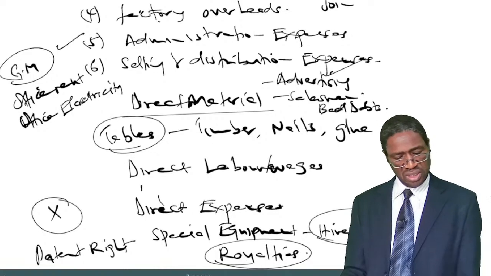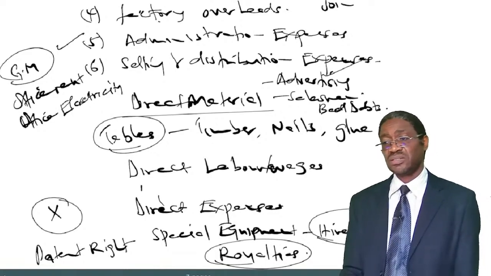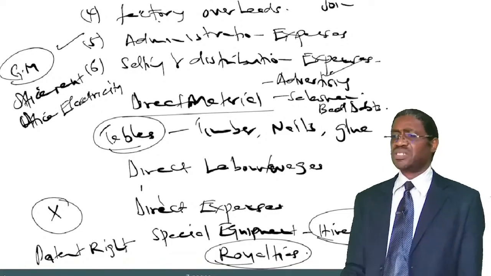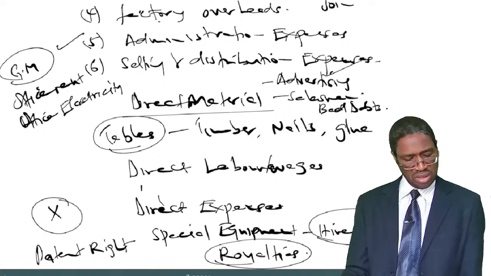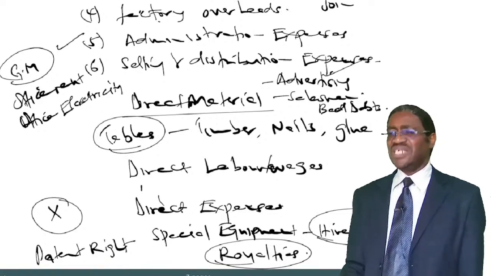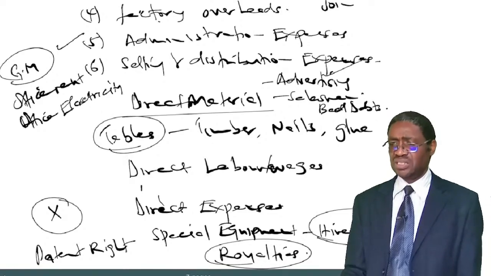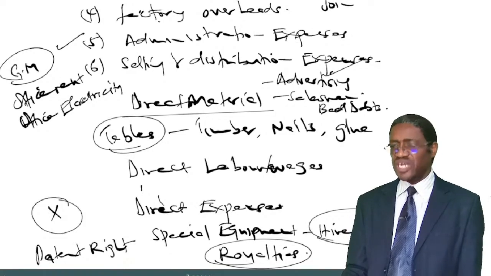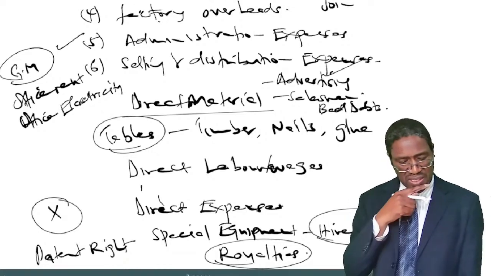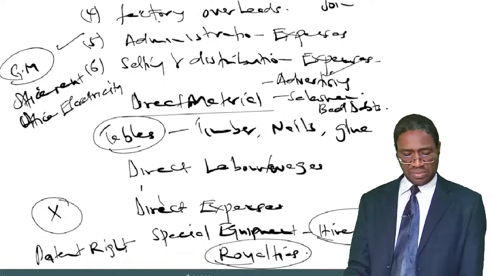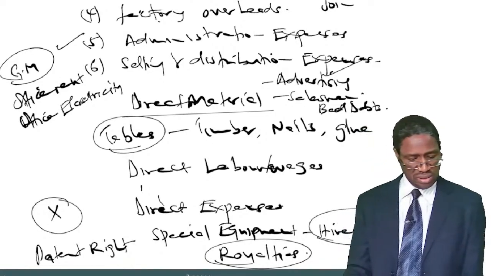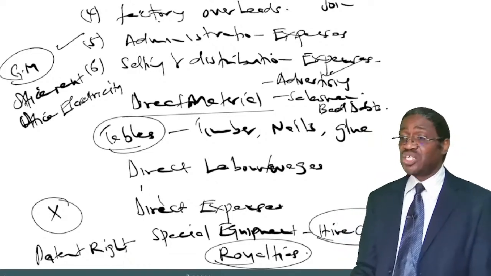E.g., advertising, salesman's salary, depreciation of delivery van, bad debts, carriage outwards.